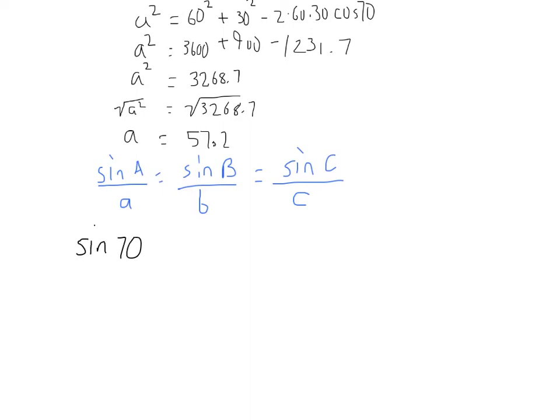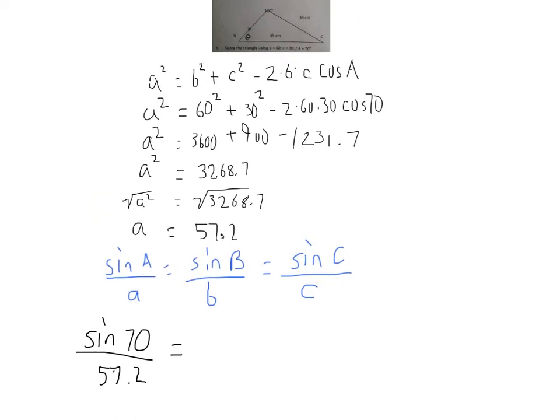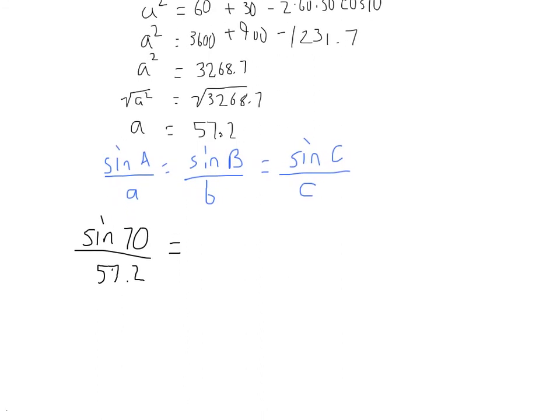Sine of 70 over 57.2 is equal to the sine of angle B over 60 and the sine of angle C over 30.